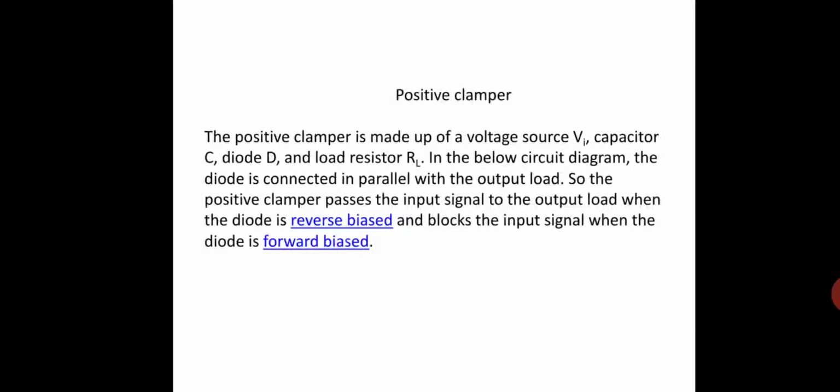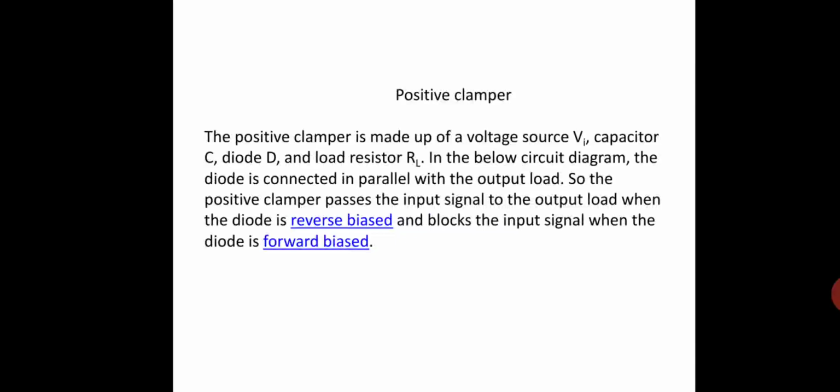First is the positive clamper. A positive clamper is made up of a voltage source Vi, a capacitor C, a diode D, and a resistor RL for the output. In the diagram, the diode is connected in parallel with the output load.